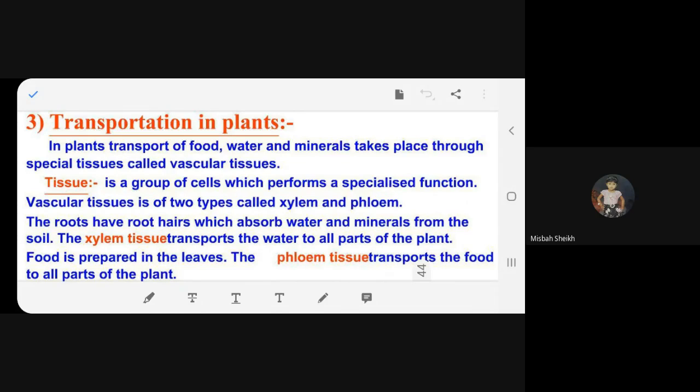Transportation in plants. In plants, transport of food, water, and minerals takes place through special tissues called vascular tissues. Is it okay? Whatever you read just now, do you know what you're reading? That is what I want to ask you.